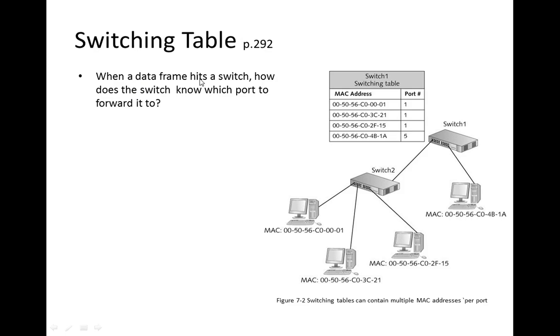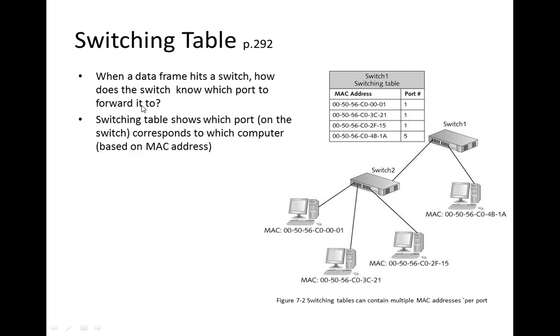When a data frame hits a switch, how does the switch know which port to forward the data frame to? And the answer is, the switch has an internal switching table which is in the RAM of the switch. And the switching table shows which port on the switch corresponds to which computer based upon the MAC address.